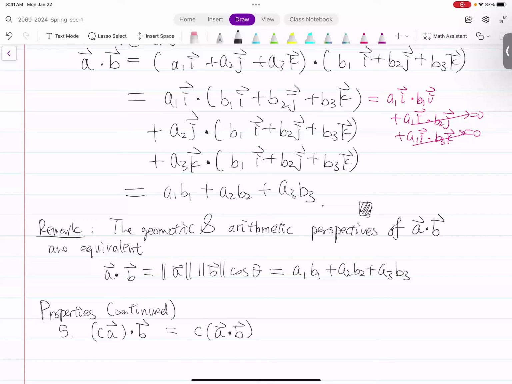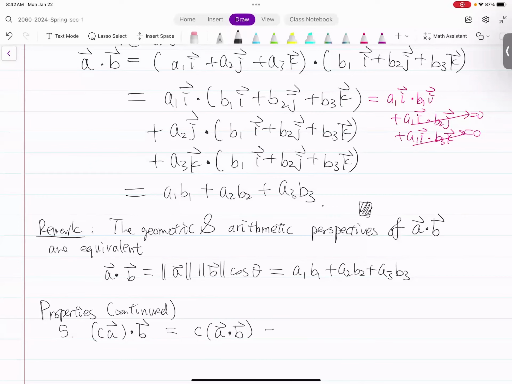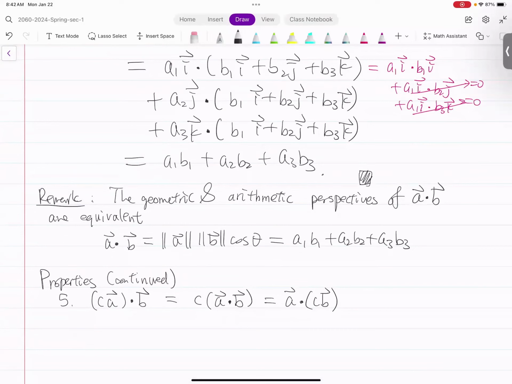So this is the associativity of the scalar and dot multiplication. But then, of course, if you can take c out from here, then you can also just put c into the second vector. So that's the same as A dotting with cB. So the dot product is associative with the scalar multiplication.